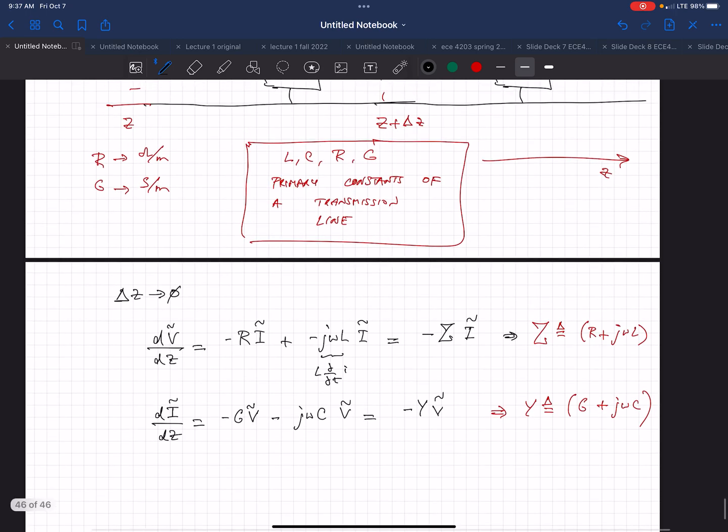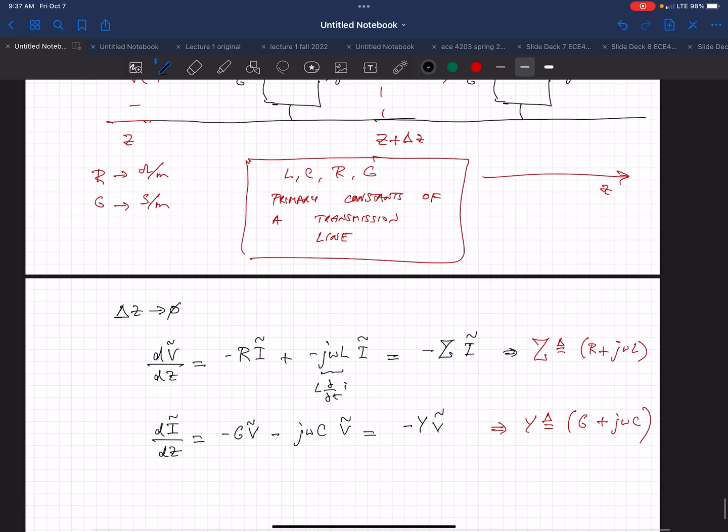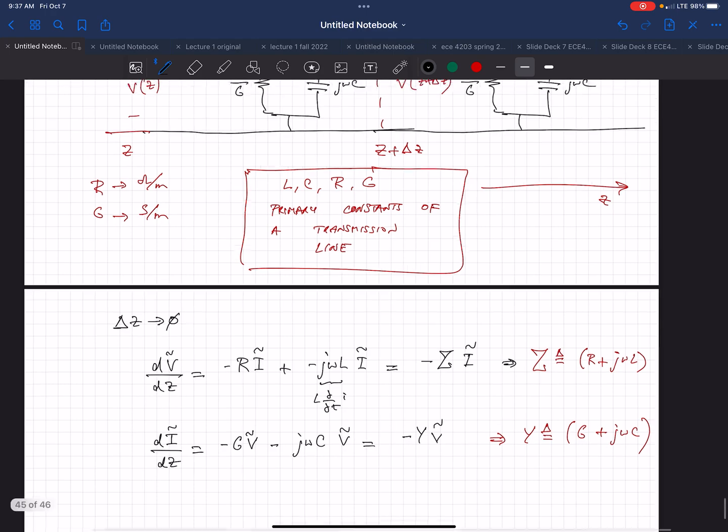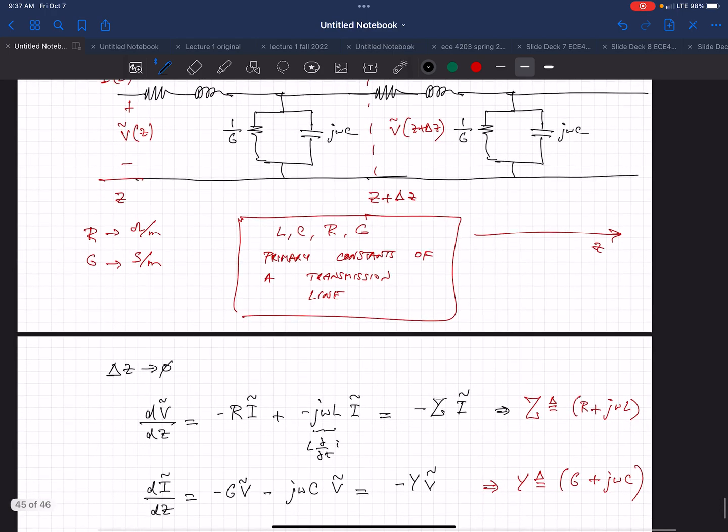So remember Kirchhoff's current law says that the current at the node has to be the same. So basically, it's not like the voltages, it's the currents at each one of these.